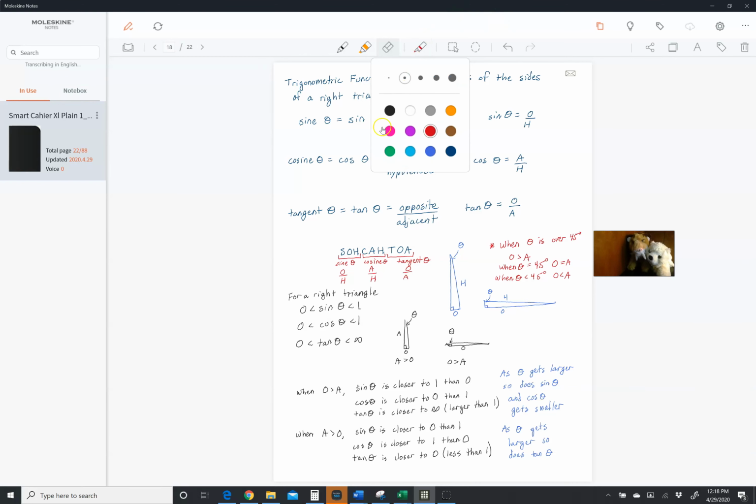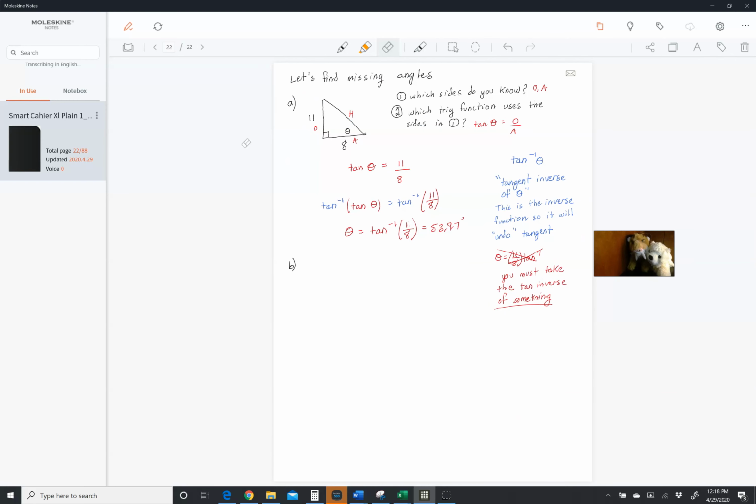Okay, let's do another example. Let's say that this is 6, this is 14, and we'll make this the unknown angle. So once again, we're going to label our triangle. The 6 is the opposite, the 14 is the hypotenuse, which means that this is the adjacent.